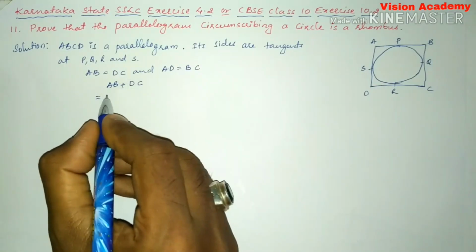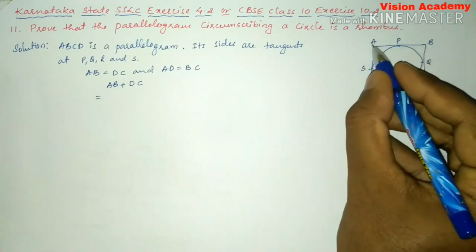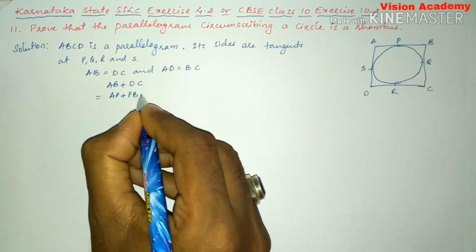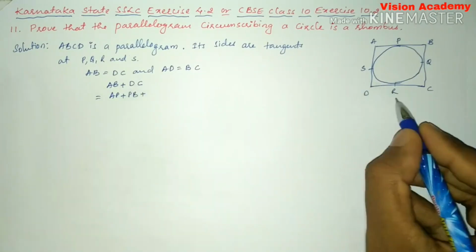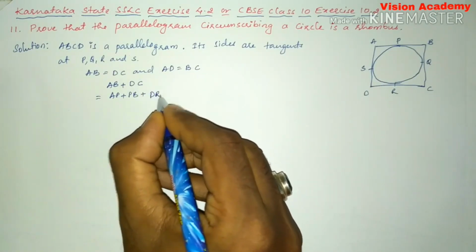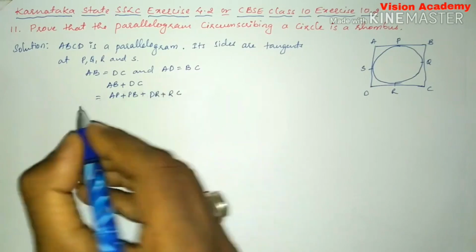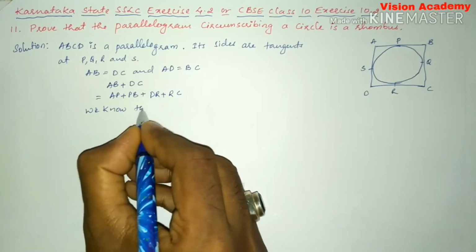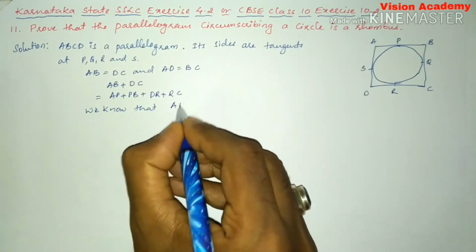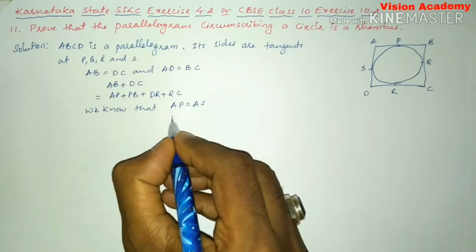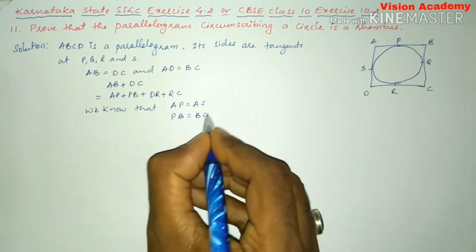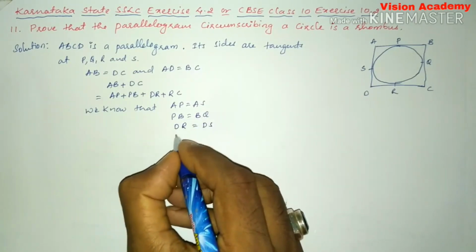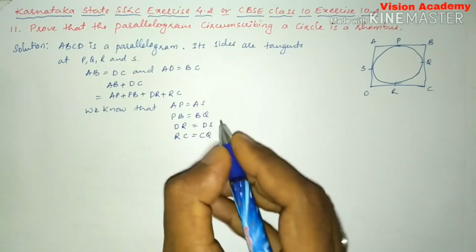So here AB is what? AB can be written as AP plus PB. AP plus PB plus DC is DR plus RC. We know that AP is equal to AS, PB is equal to BQ and DR is equal to DS and RC is equal to CQ.